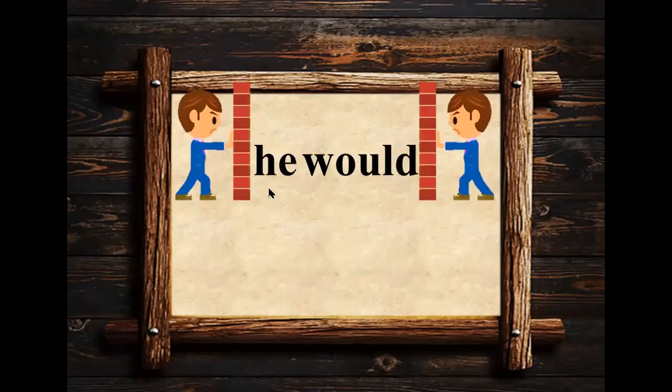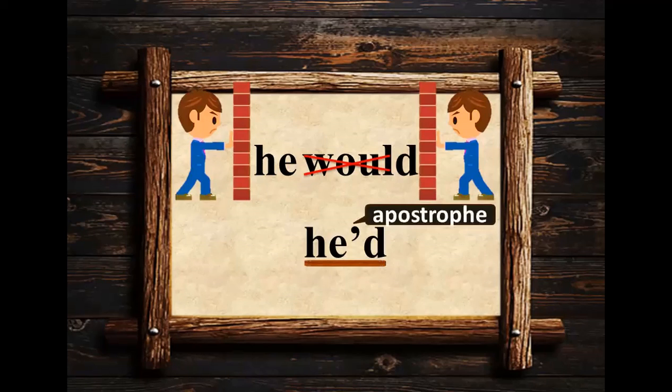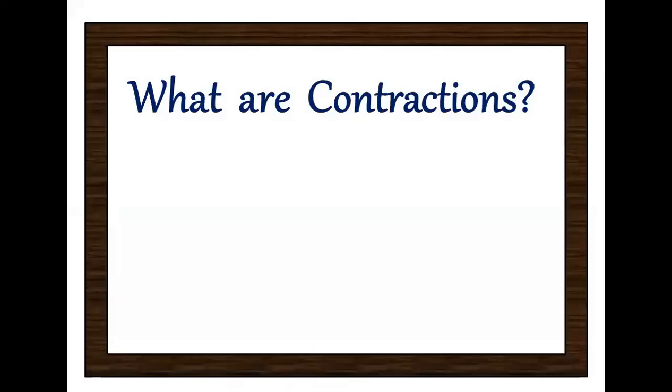Here, we could contract or shorten these two words into one word by removing the letters W, O, U, L from the second word and bring the letters together to form he'd. And don't forget to place an apostrophe in place of the missing letters. Children, by now you would have understood what contractions are.